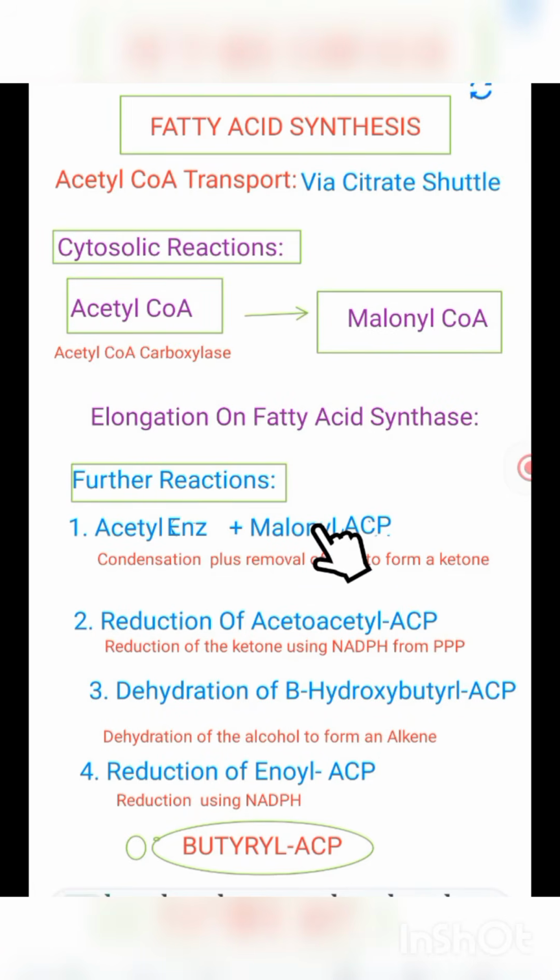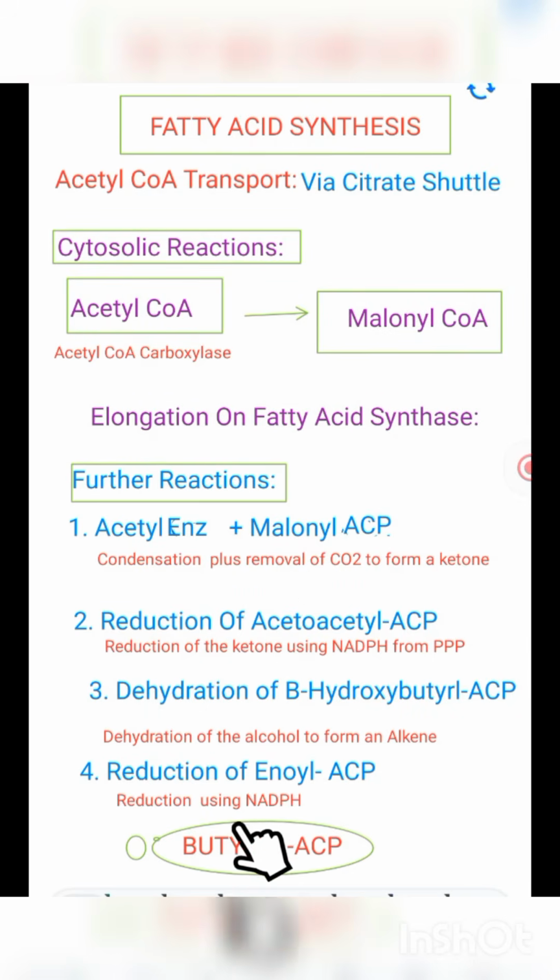Now, when you add 2 carbon atoms to butyryl CoA, you're going to have a 6-carbon molecule. That 6-carbon molecule will go through all these steps again, and again that 6-carbon molecule will be the one to sit in this place, and then you add. Malonyl CoA is continuously in supply to add the 2 carbon atoms at a time.